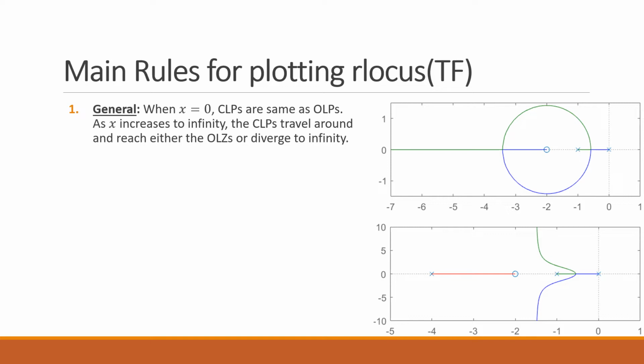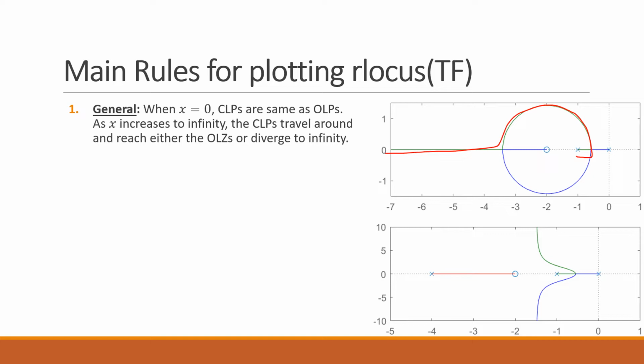If you look at the green path, it starts from a cross, i.e. open loop pole, and then as x increases, it goes to and follows a circle and eventually reaches infinity. So the green closed loop pole starts from the open loop poles and then moves around and ultimately reaches infinity.